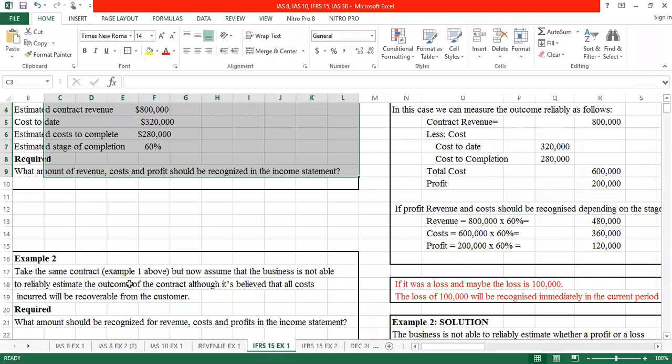The amount of revenue to be recognized is equal to the cost that you have so far incurred, because you don't know how much cost you will incur in future. So what you recognize must be equal to the cost that you have so far incurred.